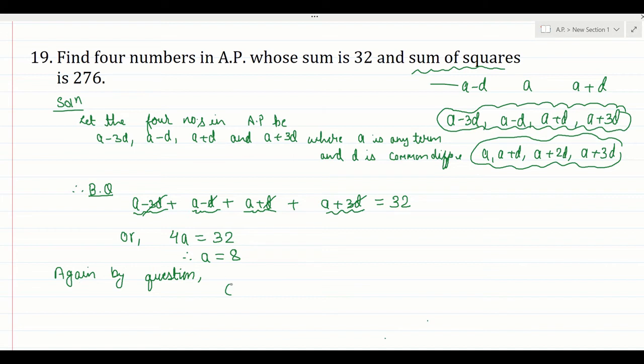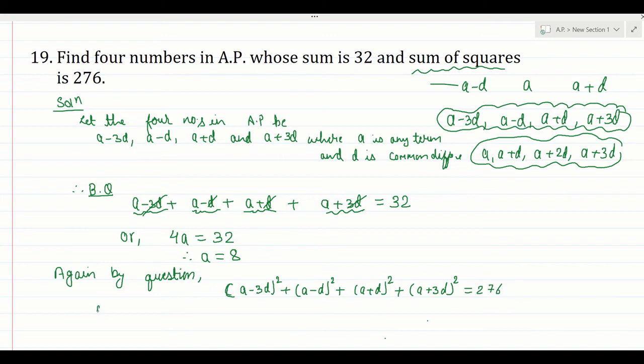Again, my question. A minus 3d whole square plus a minus d whole square plus a plus d whole square plus a plus 3d whole square is equal to 276.